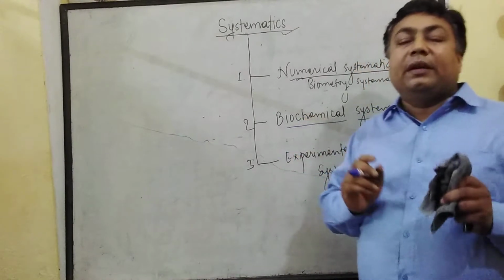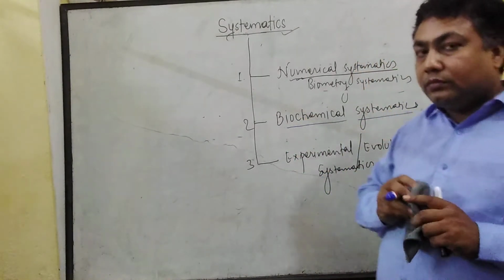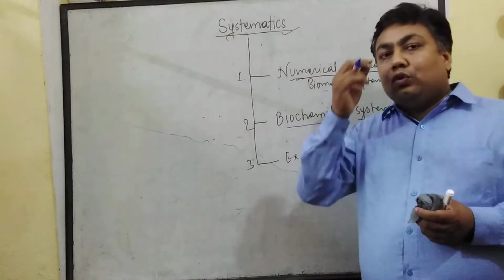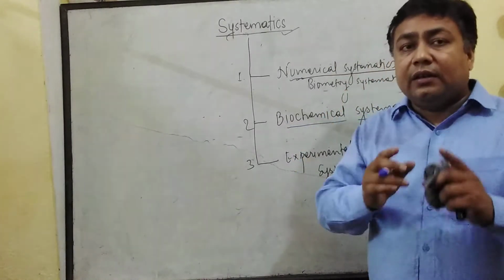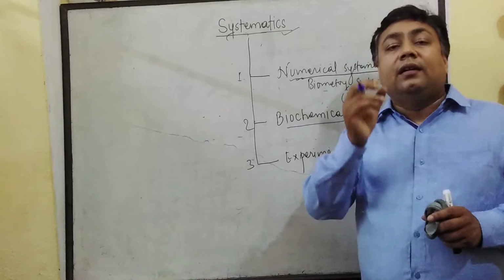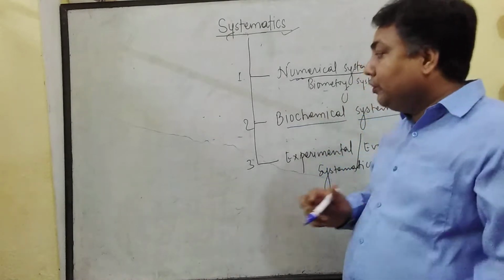Biochemical systematics focuses upon those units within a cell which make it a living unit. What are those units?